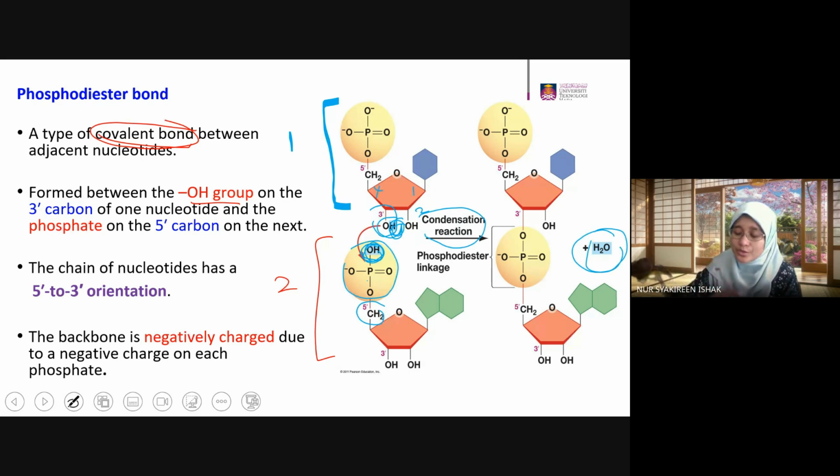Later we will look at the polynucleotide, which is one of the strands of DNA. DNA is helical, like this. DNA consists of two polynucleotides that are coiled together.